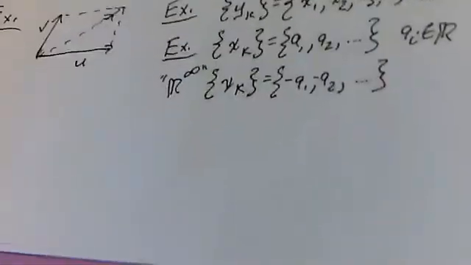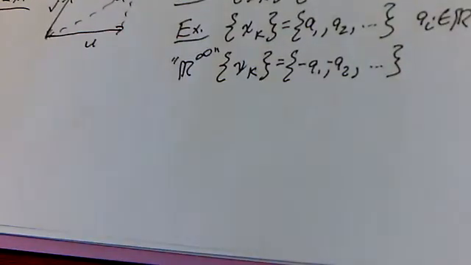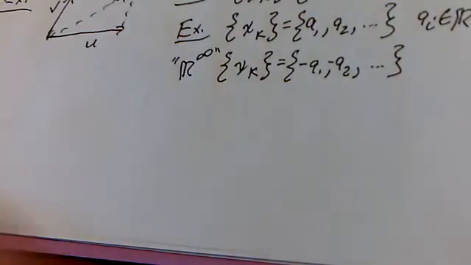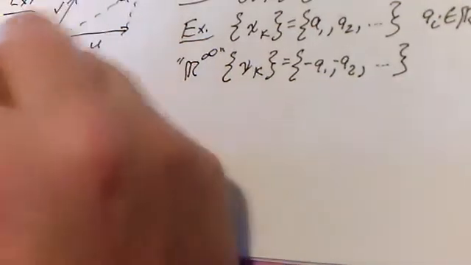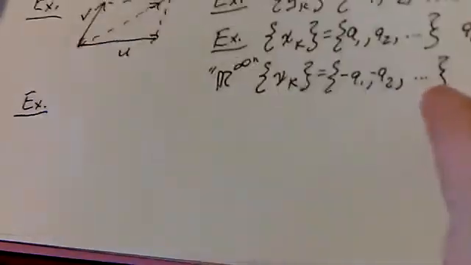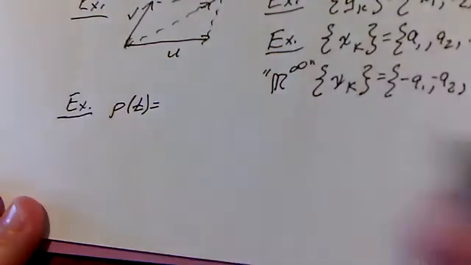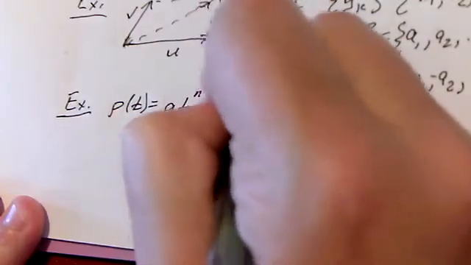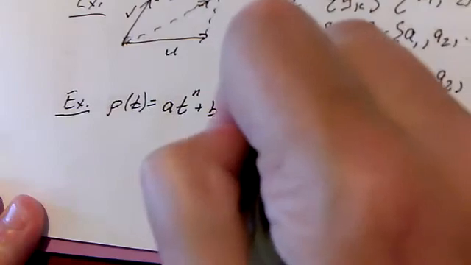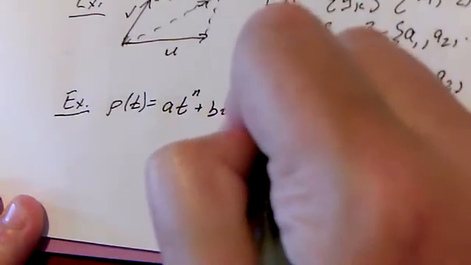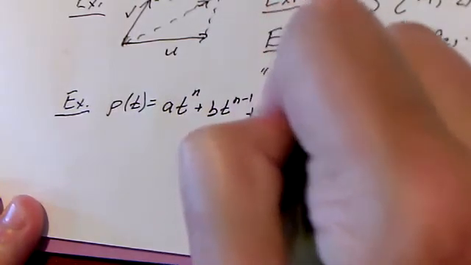Now, two big ones here are polynomials. We think, well, a polynomial is not a vector, and that's true to some extent. So we're going to have a polynomial p of t that's equal to a times t to the n power plus b times t to the n minus 1 power plus c times t to the n minus 2 power.